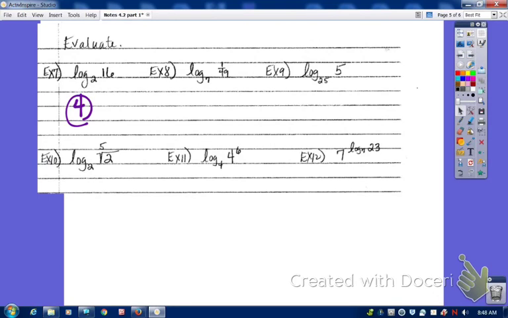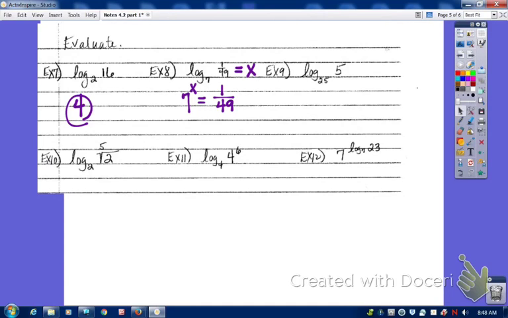So example 8, we're evaluating log base 7 of 1 over 49. We're going to set that equal to x. We do the spiral technique and rewrite this log equation into exponential form. So that's going to be 7 to the x is equal to 1 over 49. Now this one always throws some people off track.